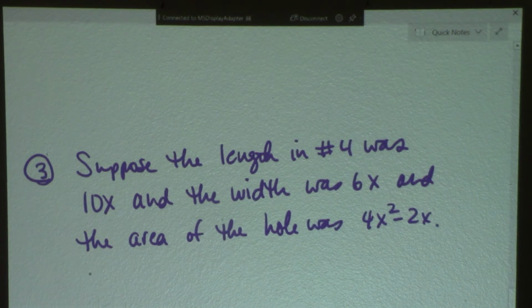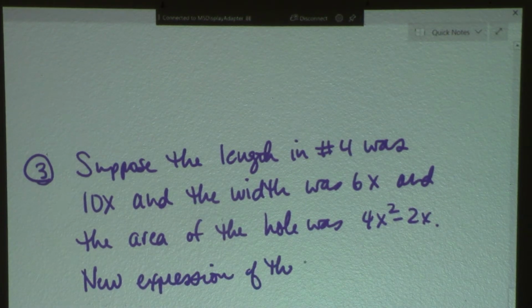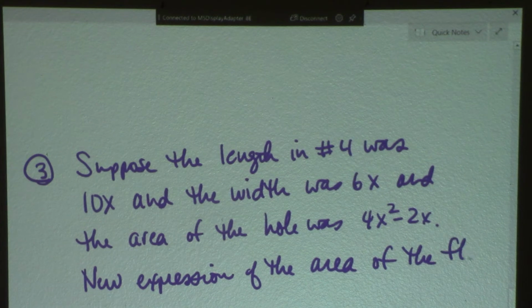What's your new expression of the area of the floor with the hole?